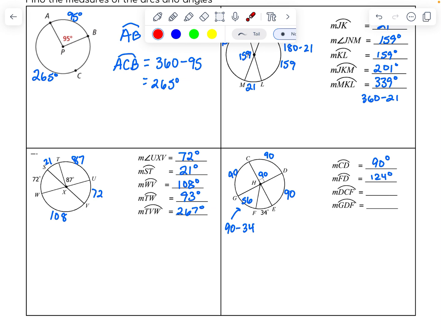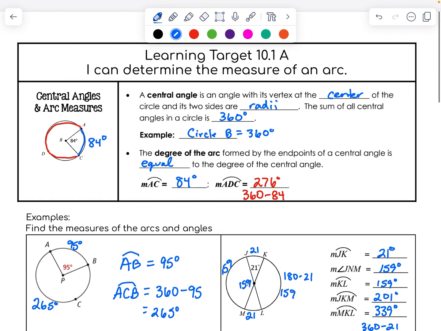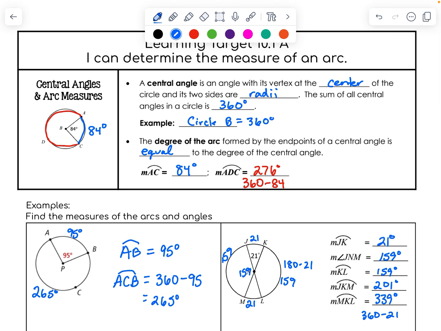So 360 minus 124 is 236 degrees. And GDF would be everything all the way around except for this little spot right here. So we take 360 minus 56, which should be 304. And that's how we find arc measures using central angles. So reminder, the central angle is equal to the arc measure of the same arc.